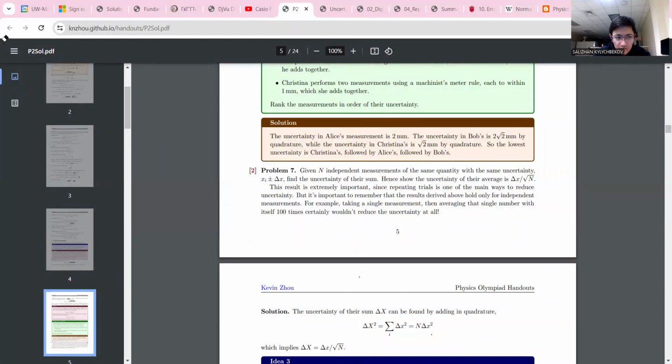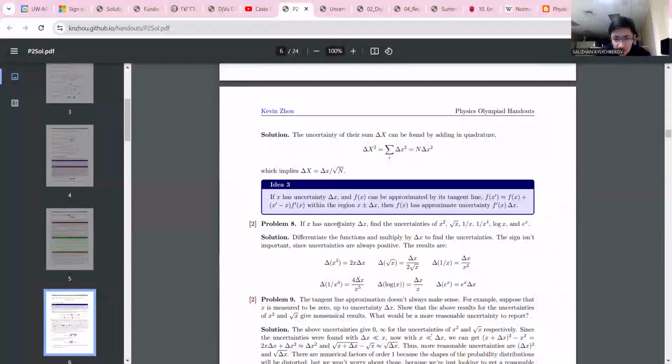It's always important to remember that this is the case. Now it's saying if x has uncertainty delta x and f can be approximated by its tangent. Now we are talking about dependent variables, because you take one measurement and all your results are some function of it. For example, x squared, or square root of x, or 1 over x.